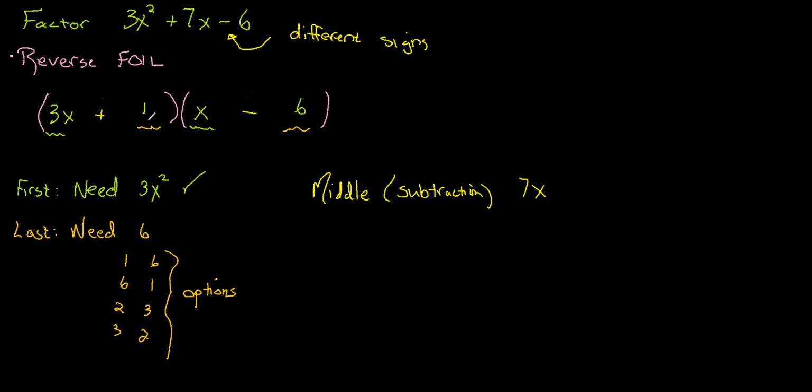Although my last term is satisfied, my outer terms give me an 18x and the inner terms give me a plus x, that's way too big. That did not give me the 7x. So that is not going to work. And even if I change the signs and got a positive 17, still not going to work.